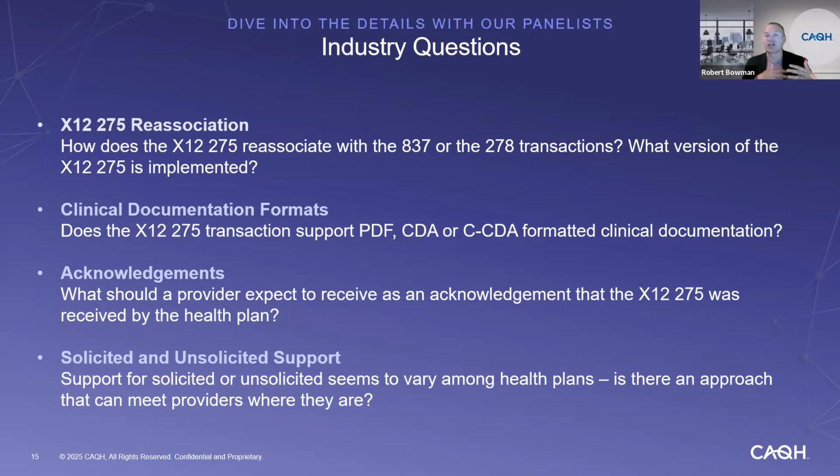But as technology advances or as systems advance, we can get into more of that structured data to make it easier for health plans to identify the key specific data that's needed to resolve the PIN, to resolve the prior authorization PIN, and help the provider more specifically identify that unique piece of data that's needed rather than the whole file or the entire report that's holding up the adjudication.